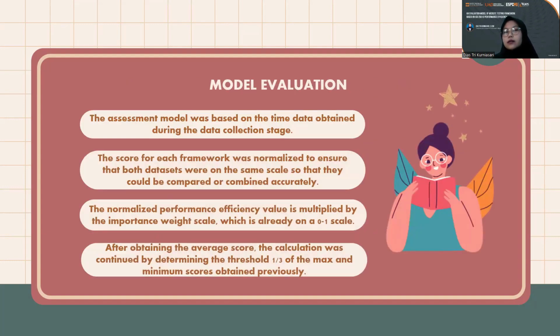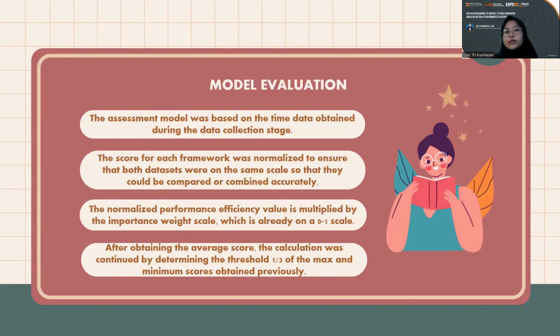After the two previous steps are done, we go on to creating the evaluation model. The assessment model was based on data obtained during the data collection stage, and then the score of each framework was normalized to ensure that both datasets were on the same scale, so that they could be compared or combined accurately.